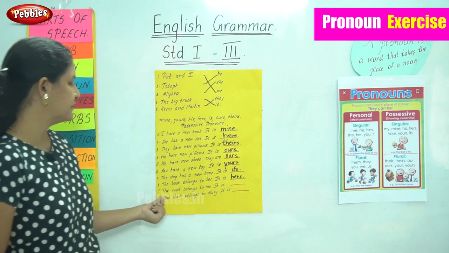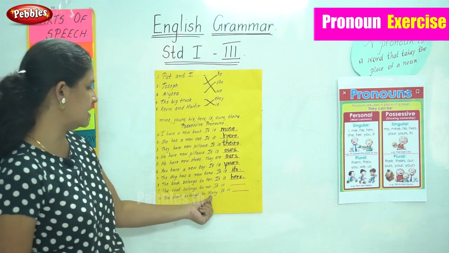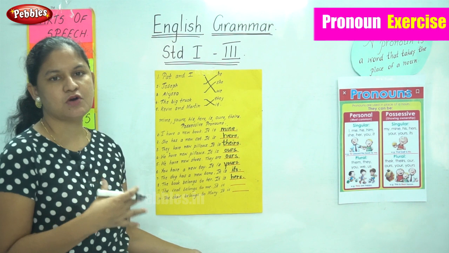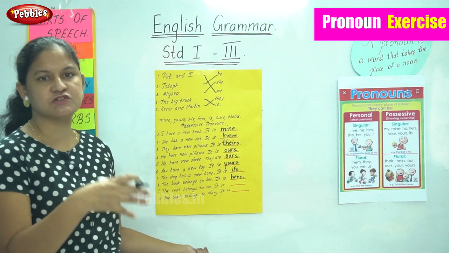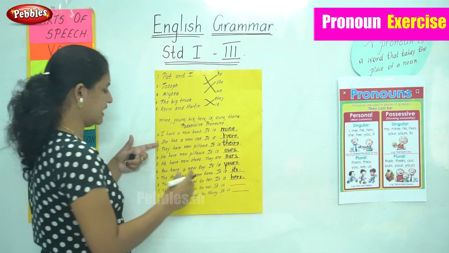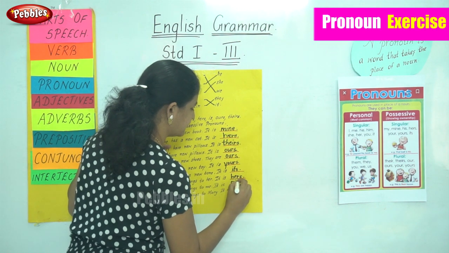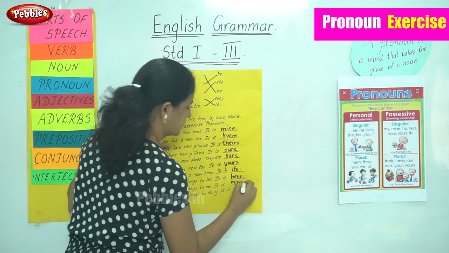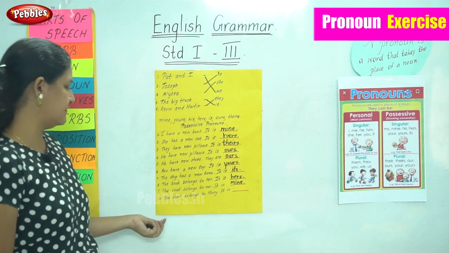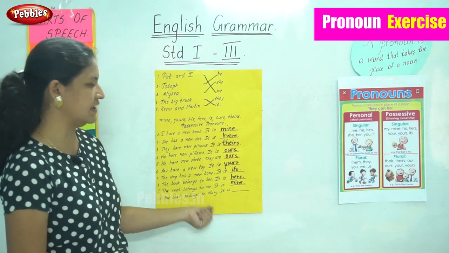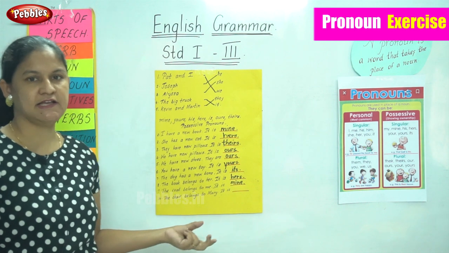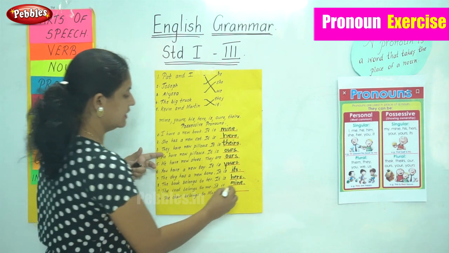The coat belongs to me, so it is mine. And the last sentence, the chair belongs to Mary, it is hers.